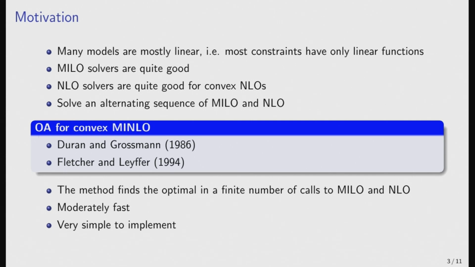It is not that it will converge only in the limit. Somewhat similar to the simplex method, it converges in a finite number of steps, and it is quite fast in practice. Maybe not the fastest of all algorithms, but still quite fast. And the best part, in my opinion, is that it is really simple to implement.